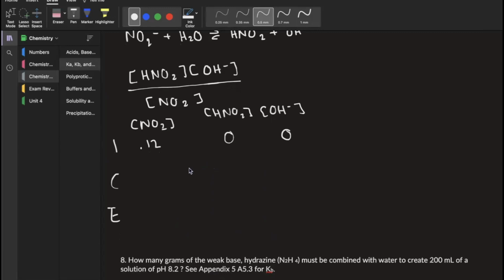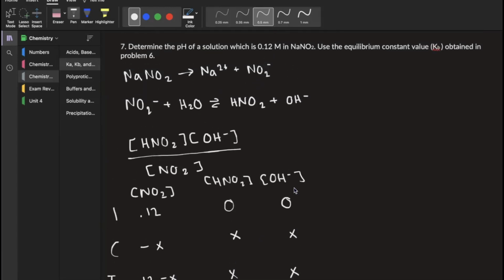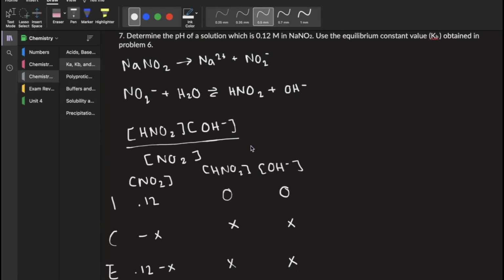The stoichiometry: for 1 mole of NO2 minus, we get 1 mole of HNO2 and 1 mole of OH minus. So by combining these, equilibrium is 0.12 minus X, and then X and X. So we go ahead and input these back into our expression.